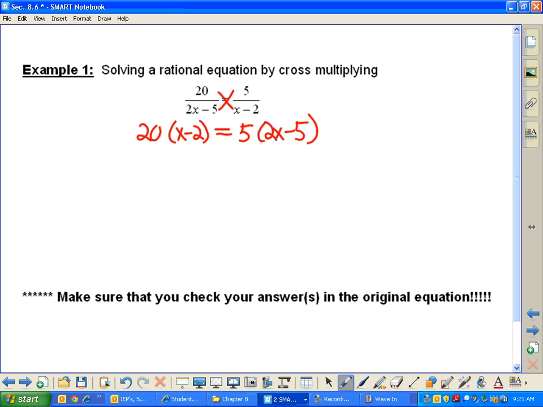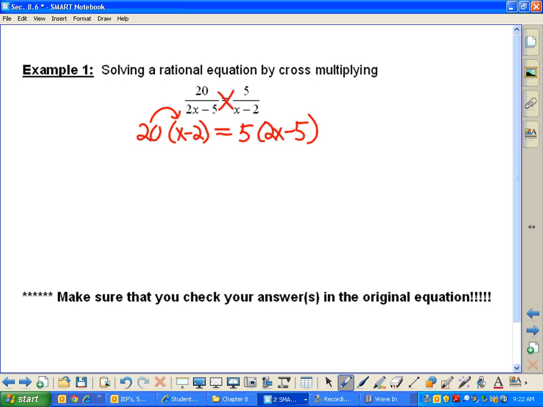A couple different ways you could solve for x from this point forward. Anybody want to give me one idea as to what you would do next? So now this is a simple linear equation from earlier in the year, we think. What do you want to do next? What do you think, Danielle? Distribute's what you want to do? Cool. You could also just divide both sides by 5.